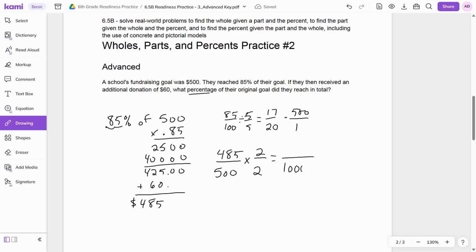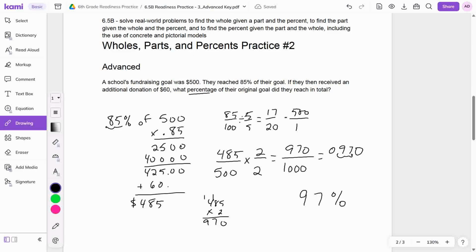I'm just going to double everything here. 485 doubled is going to be 970 over 1000. Okay, so that equals 0.970. Move the decimal over twice. Look at that. 97%. So they reached 97% of their goal. Not bad.